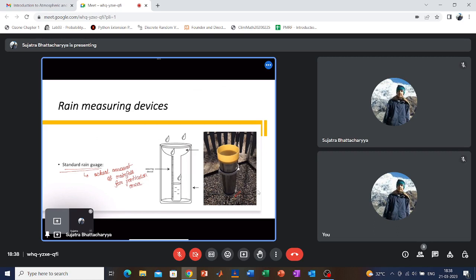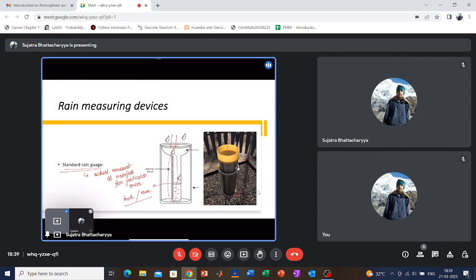Now inside this, there is a measuring cylinder. When the rain falls over this, it is accumulated here, and there are some graduations made in this rain gauge, and we can measure how much height the water level has reached, in inches or in millimeters.